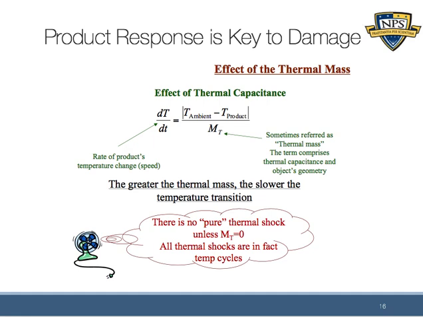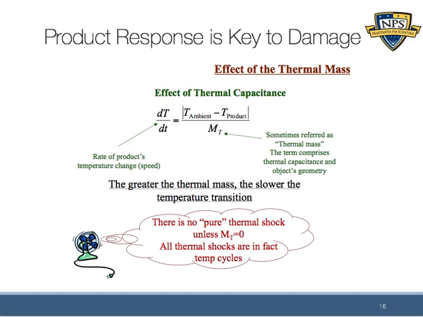So there's first of all the T ambient, the ambient temperature, and then the product's temperature itself. And as something's being heated up, or let's say it's already warm or cold, and it's trending toward an ambient temperature, its ability to take on that temperature is essentially dictated by M sub T.